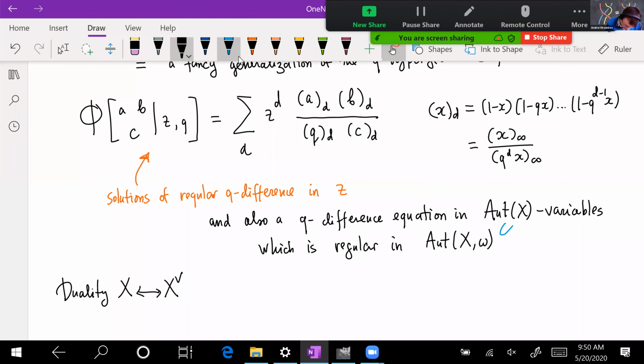But they exchange; they're solutions of the same difference equation. So this exchanges these variables and these variables.